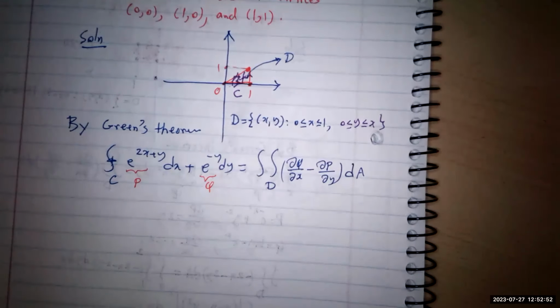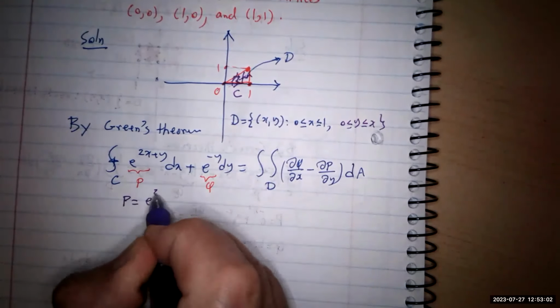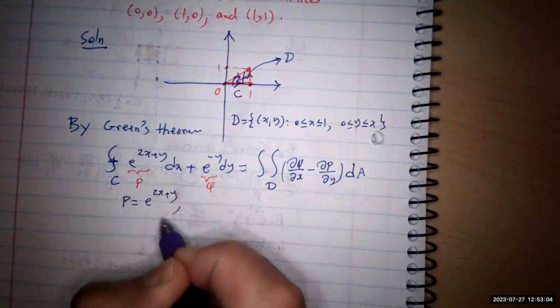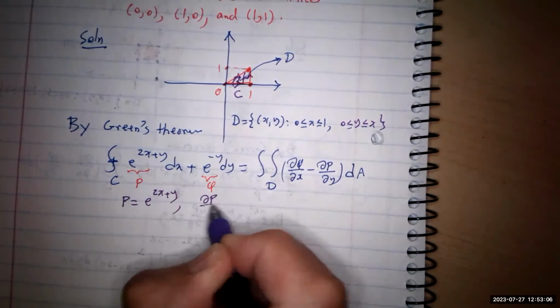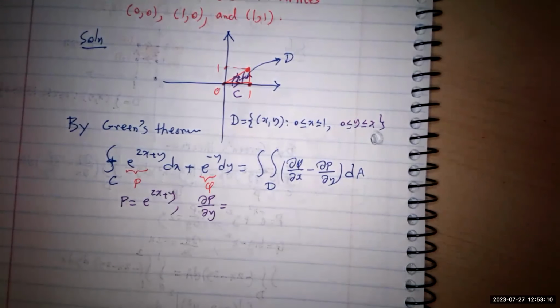Okay, and it's very easy to find these derivatives this time. Your P function is e to the 2x plus y, so you want to find the partial of P with respect to y. You know the exponential function never changes. It's going to be e to the 2x plus y, and you differentiate the exponent with respect to y, which gives you 1.